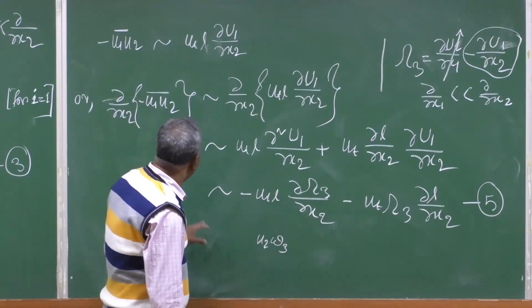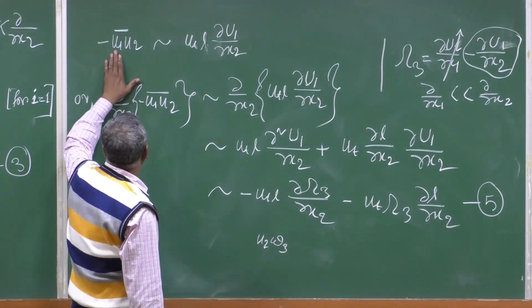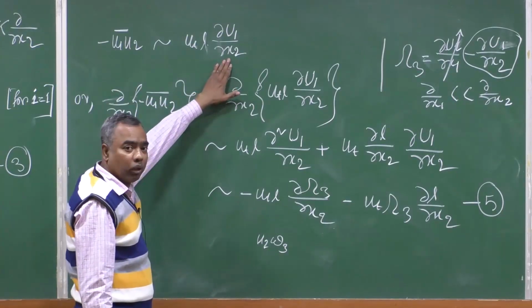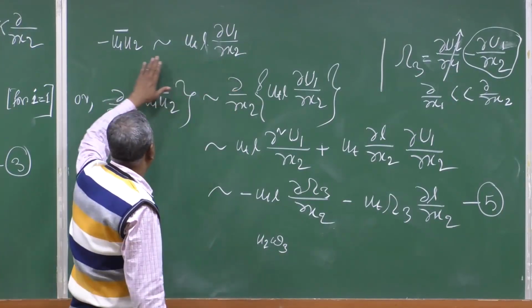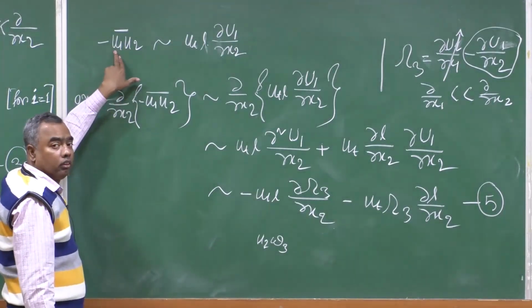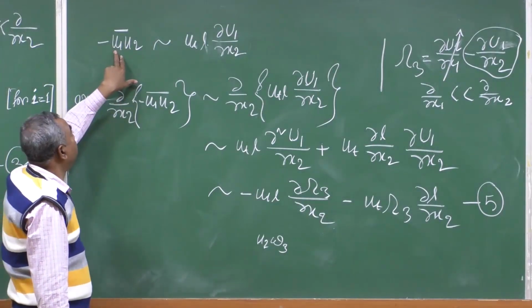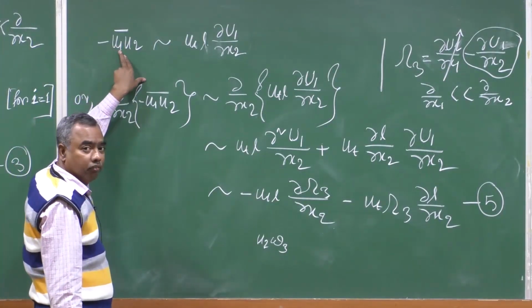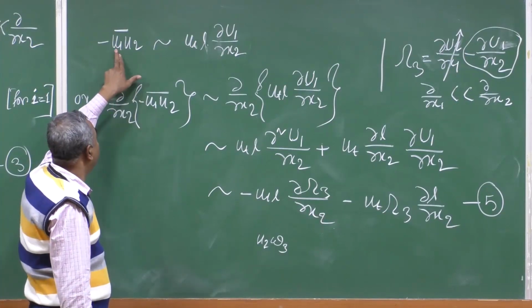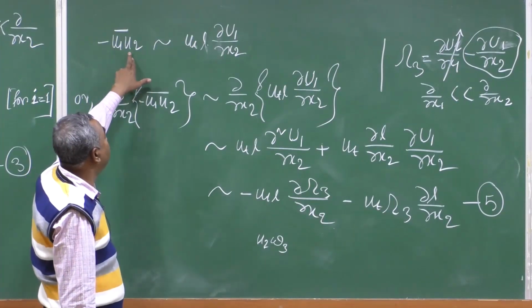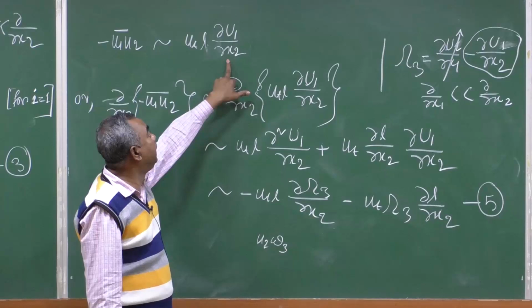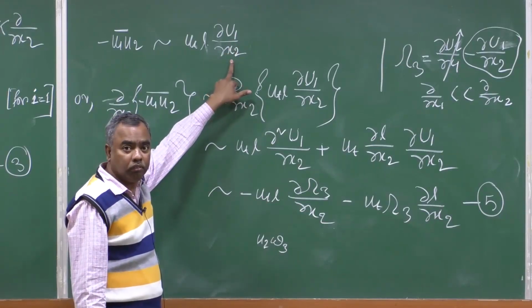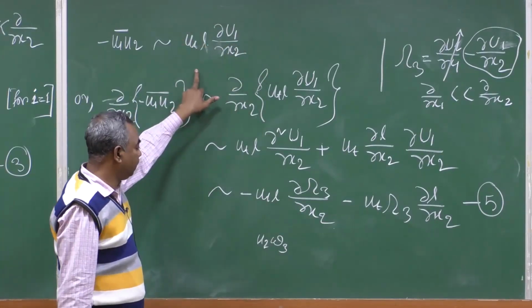See, when we wrote u1 u2 equal to this, what we are saying is that the transport of streamwise momentum u1 by u2 in the direction of the gradient del u1 del x2 can be written in this fashion.